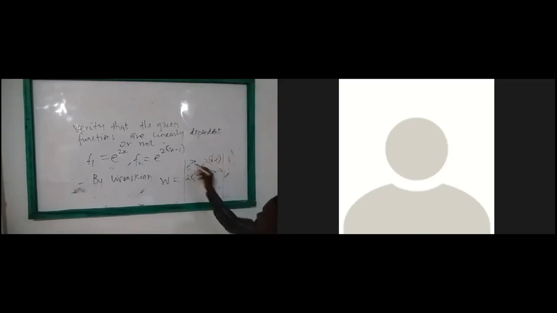Then you now find the determinant. If you get it to be 0, then we say that the set of functions are linearly dependent. Okay, so let's see. Now we have differentiated the function, so let's find the determinant.